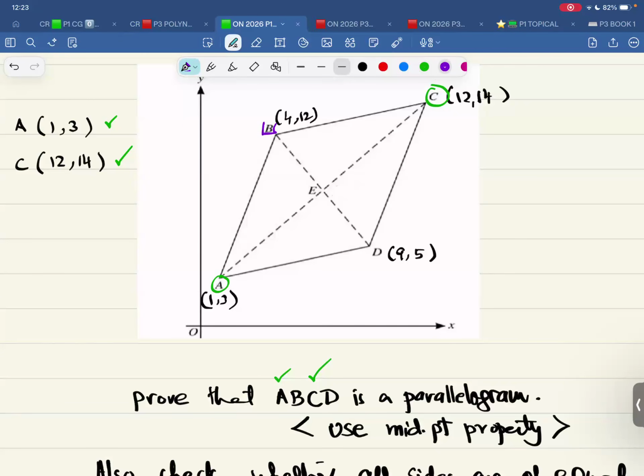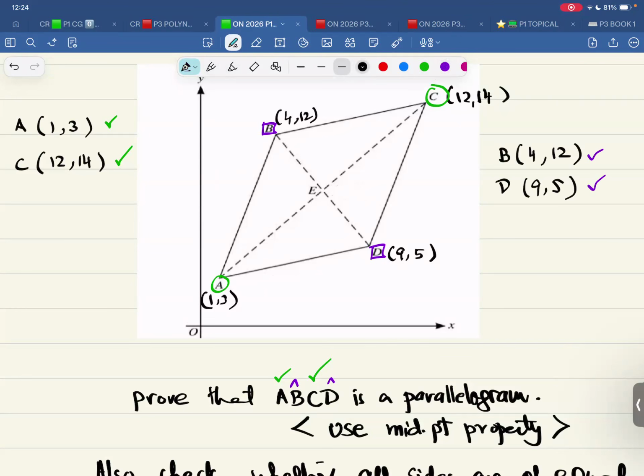Similarly, the second and fourth is another diagonal. So B is 4, 12, D is 9, 5. Based upon this, we will work it out.